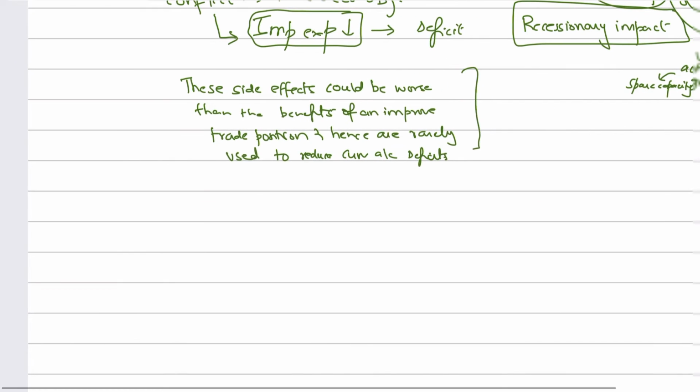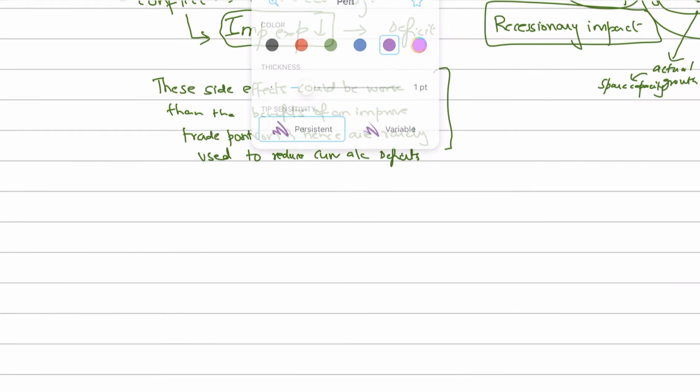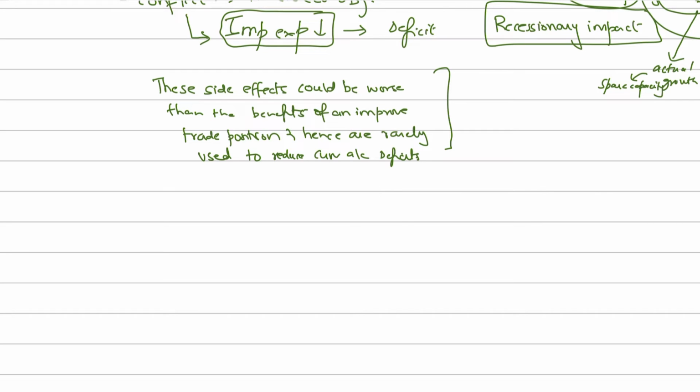Okay. Now the second policy of the government. So we are done with expenditure reducing policy. Now we're going to be switching to expenditure switching policy.